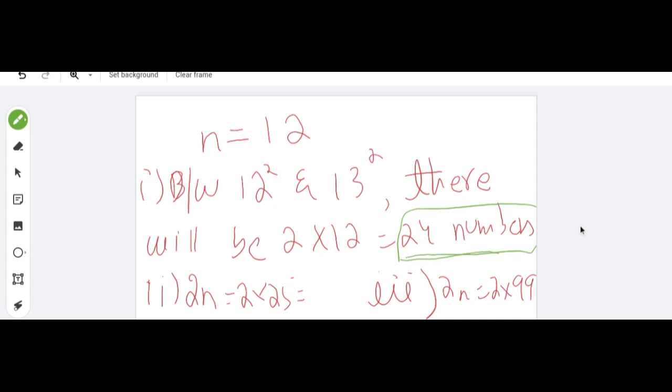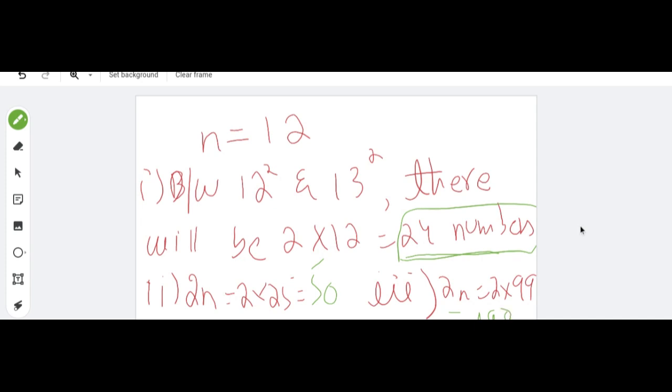For 25, that is 50, and for 99, 2 9s are 18, so 198. Very good, correct answer, 198.